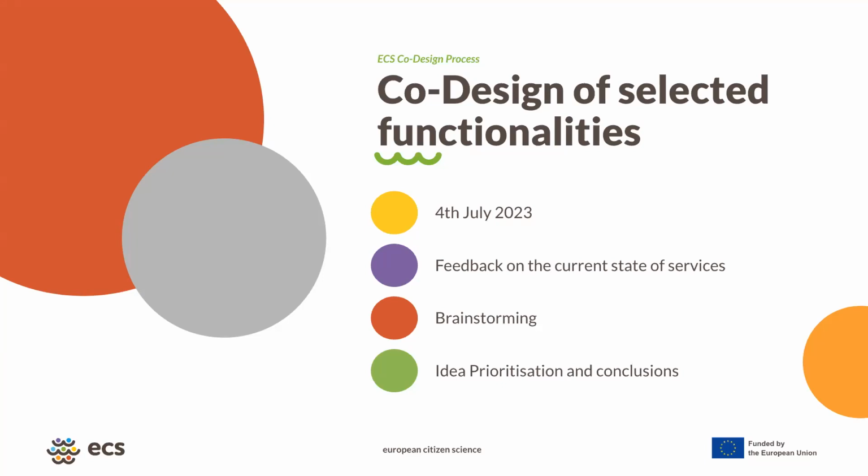And a third board was filled out at the end of the session, where an exercise in prioritizing ideas and conclusions was conducted to determine which of all the thoughts or comments that had arisen during the workshop were most relevant to consider in the final development of the services.